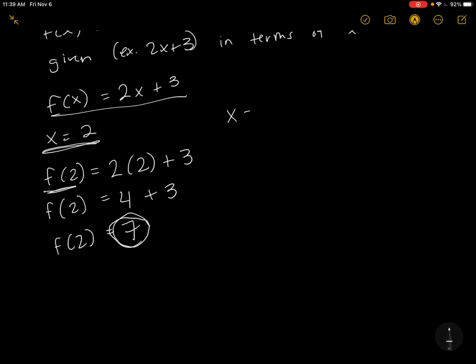Right, and we can do this for any value of x. So what's the value of the function when x equals 6? That's what this is saying, right? Find the value of the function when x equals 6. Okay, so again, I'm going to plug it in.